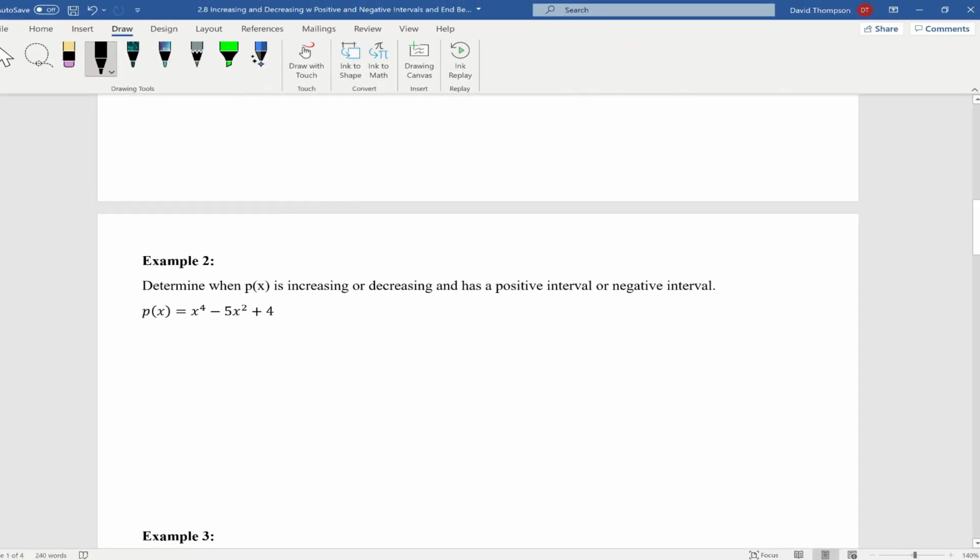Example 2. Determine when p of x is increasing or decreasing and has a positive interval or a negative interval. So we're using the polynomial x to the 4th minus 5x squared plus 4. So we're going to use the same idea as last time. So let's write down our increasing and decreasing intervals and positive and negative.